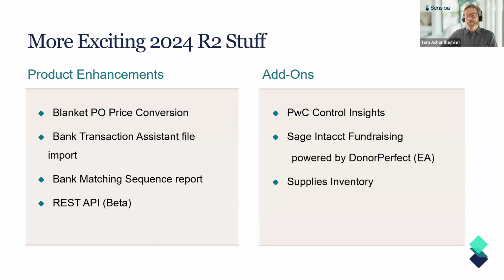Instead of trying to come up with a quantity for that, you just draw down dollars on that as you're converting to invoices. There's a new enhanced bank transaction assistant for importing bank transactions. If you don't have the Sage Banking Cloud, if your bank doesn't offer that, or if there's other reasons why you can't connect to that, a really powerful new assistant for getting bank transactions brought into your Intacct cash management easily.